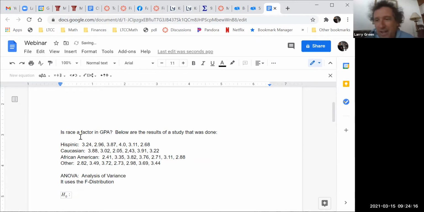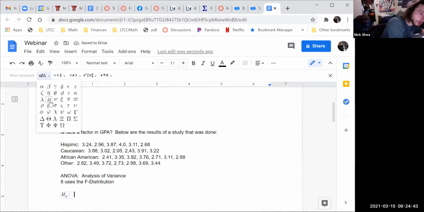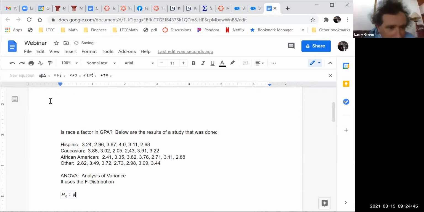You better be used to H naught colon because that happens in every null hypothesis. And now let's see what we're doing. We want to see whether the means are the same for all 4 of these, right? So hopefully, at this point, all of you know the symbol for mean, which is? Mu. Okay, so mu, and I'm going to write mu sub h.